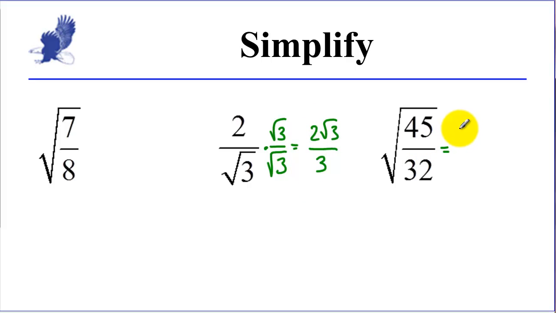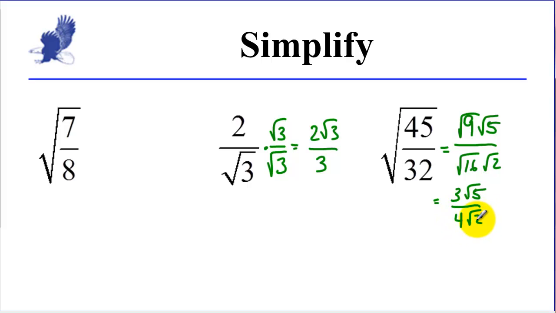Here on the top, we can split 45 into radical 9 times radical 5. And 32 is divisible by 16. So now we have 3 radical 5 over 4 radical 2. And now we need to rationalize, so we're going to multiply by radical 2 over radical 2.